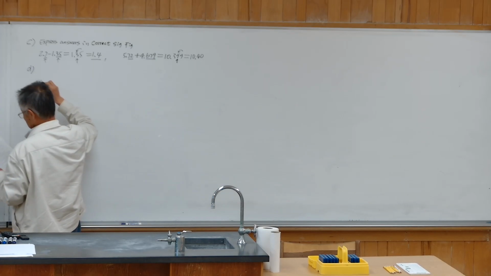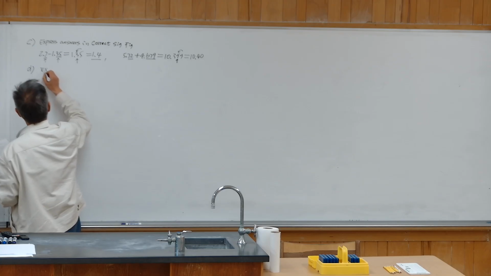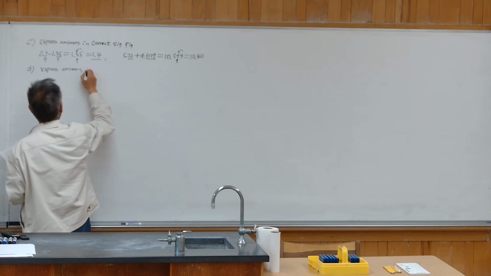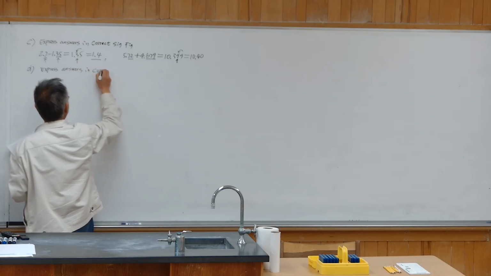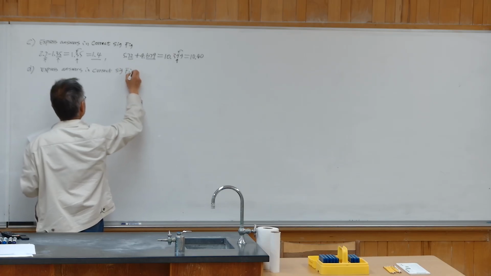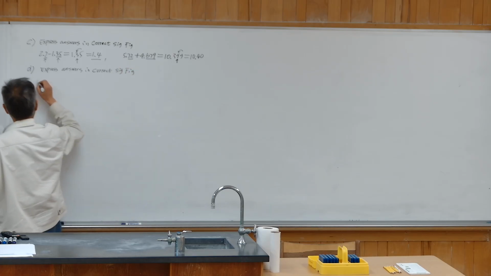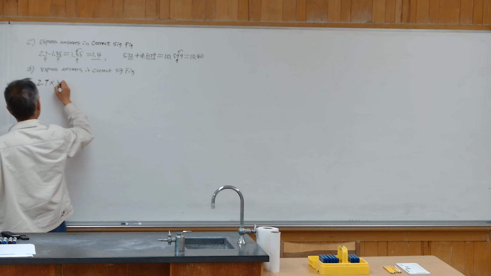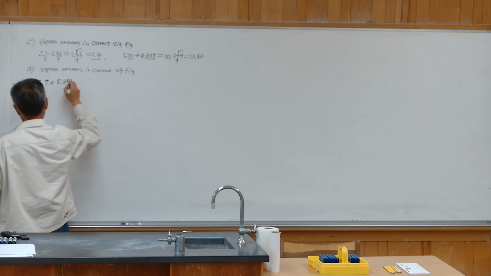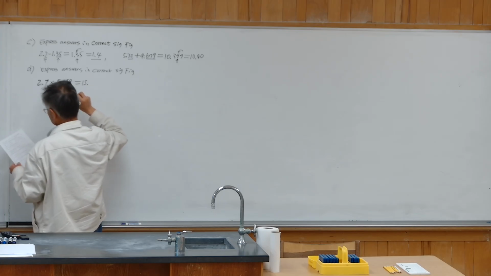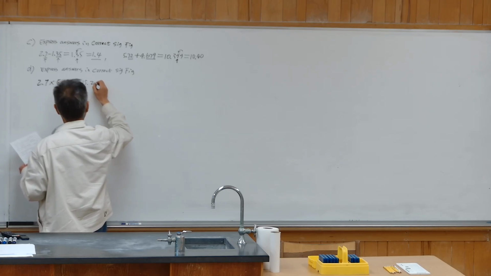D. Similar to C, it asks you to express the answer in the correct number of significant figures. This time it is multiplication, 2.7 times 5.638. The calculator gave you 15.226.